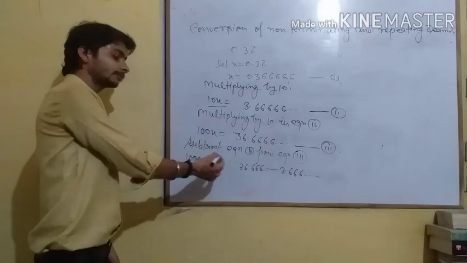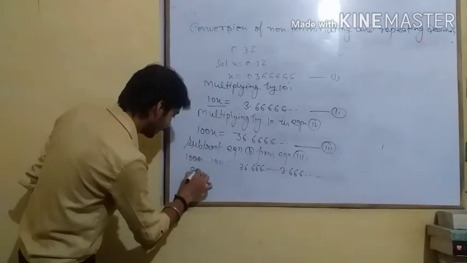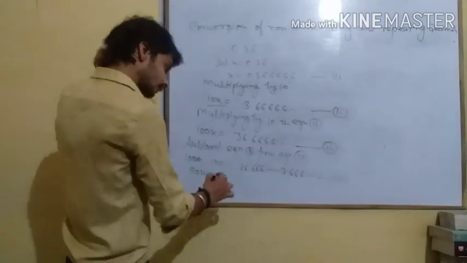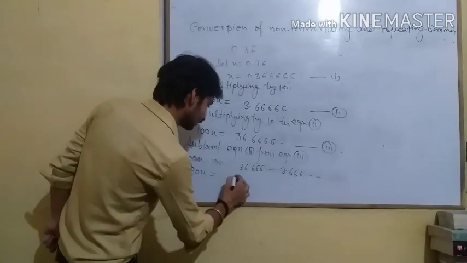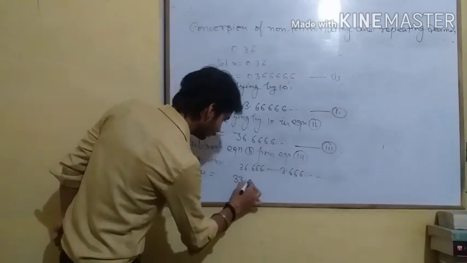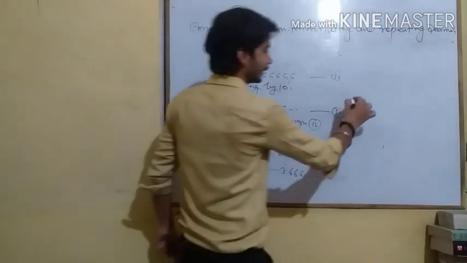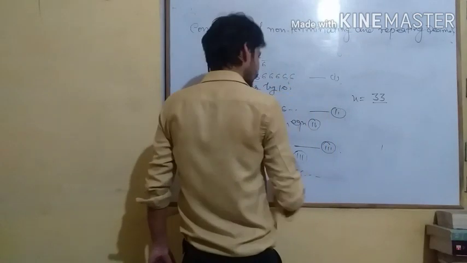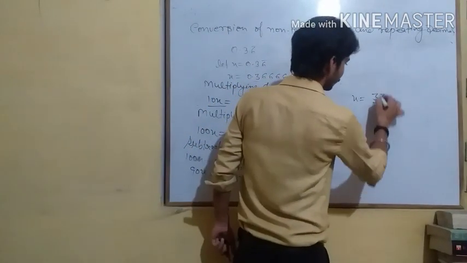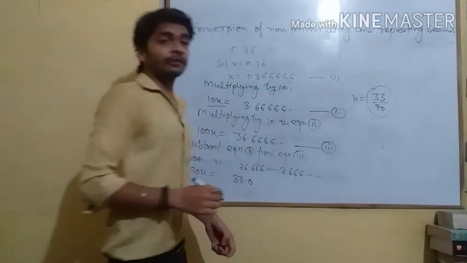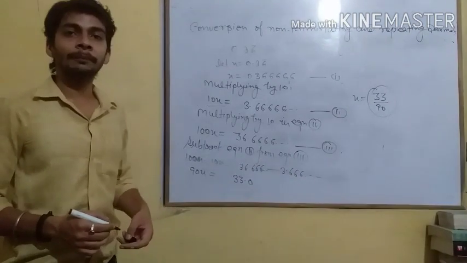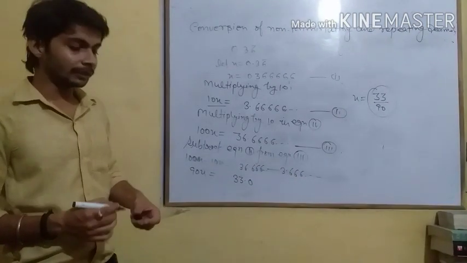Now 100x minus 10x is 90x, which is equal to 36 minus 3, that is 33.0. Then x is equal to 33 upon 90. This is the form of m upon n of the non-terminating and repeating decimal of the mixed recurring type.